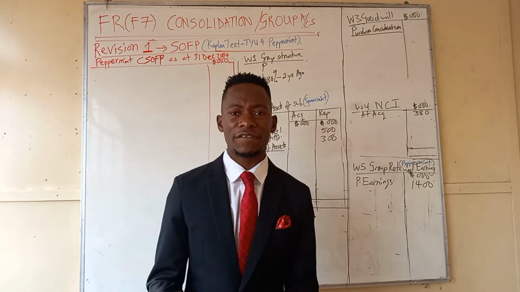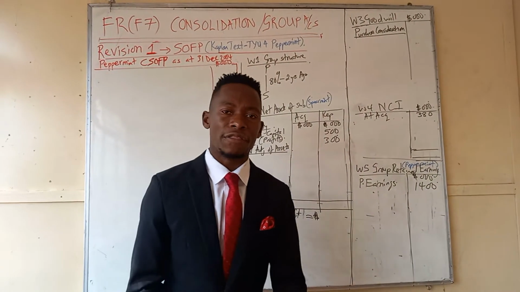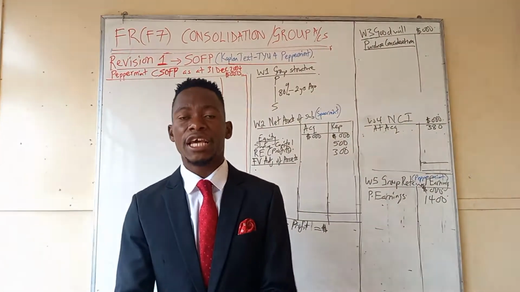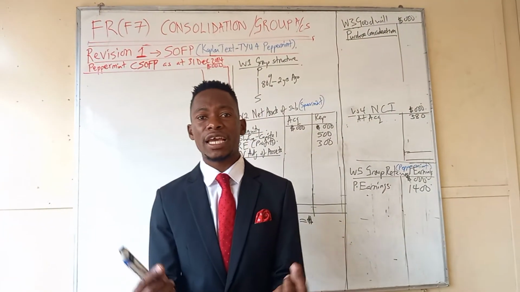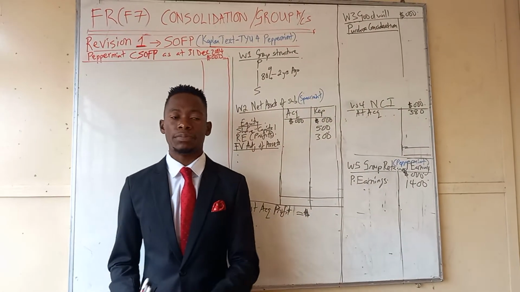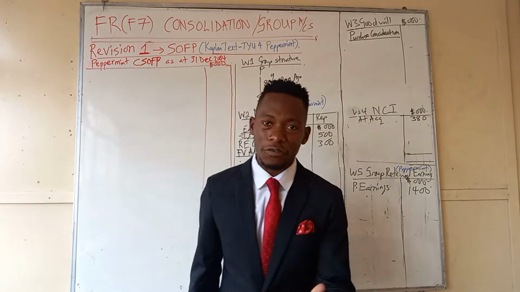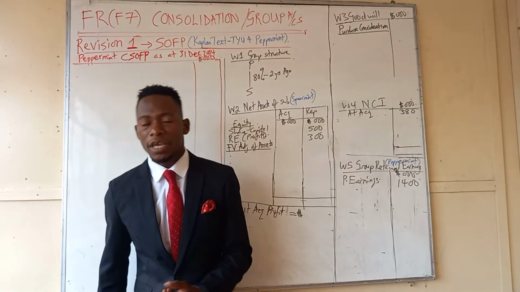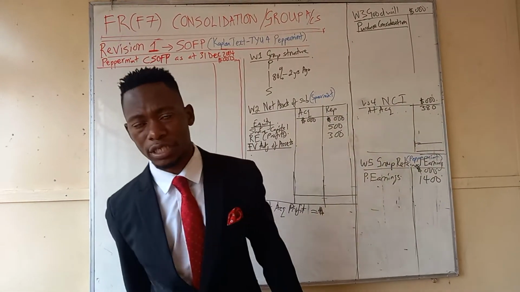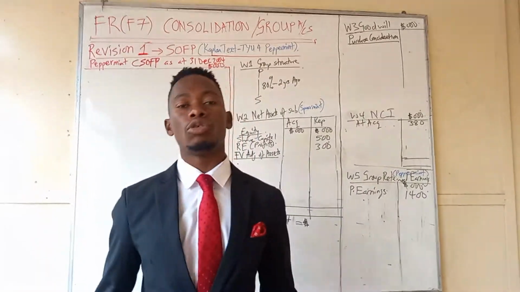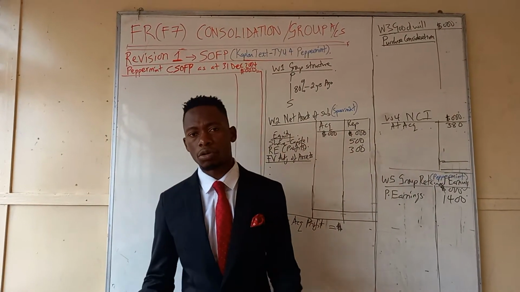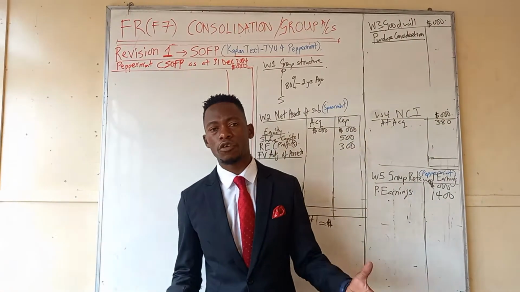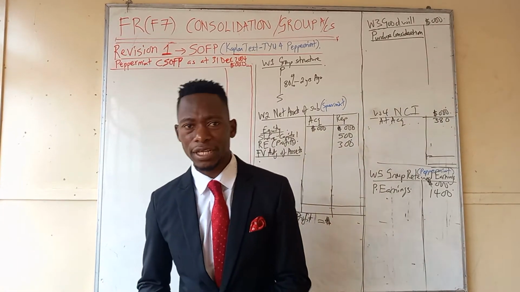In FR, it's important to know the acquisition date and the reporting date, because this will help you calculate the depreciation charge, if any arises because of the increase in the value of other assets. You need to know W2, the net assets of the subsidiary, at the acquisition date and the reporting date. You need to know working 3, goodwill, where we calculate the intangible asset. You need to know working 4, NCI, and working 5, group retained earnings.